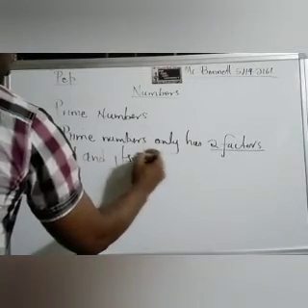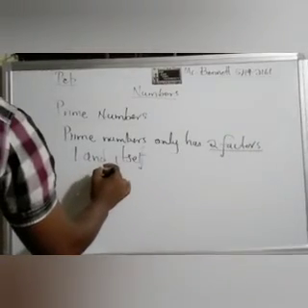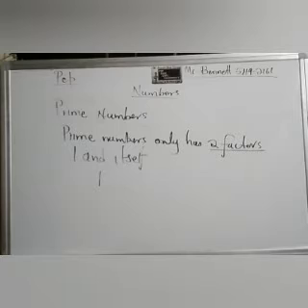Let us look at some numbers that is prime. First, let us try some numbers and see. Let us start with 1. Is 1 a prime number? Answer that. Is 1 a prime number?